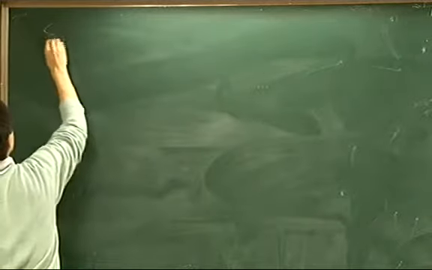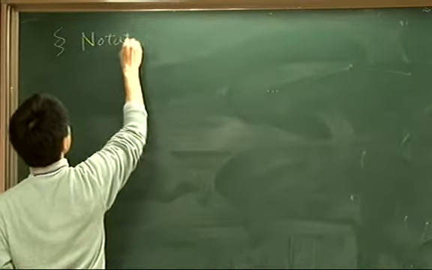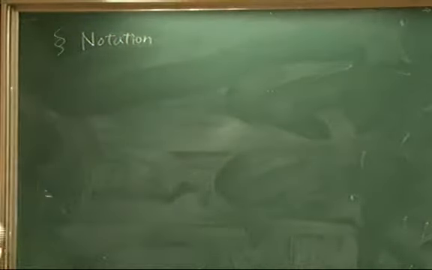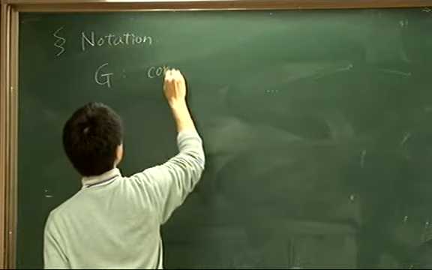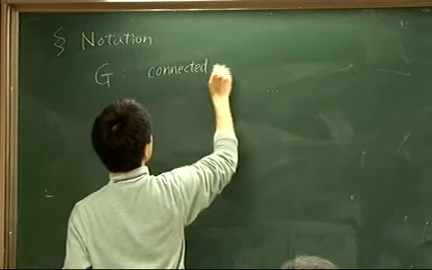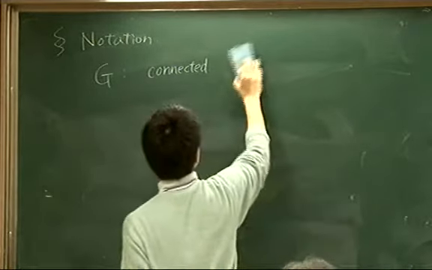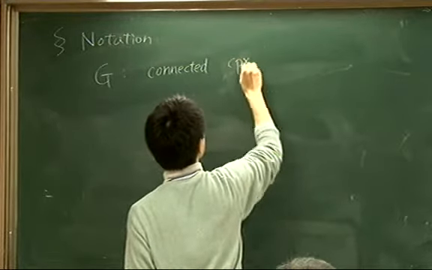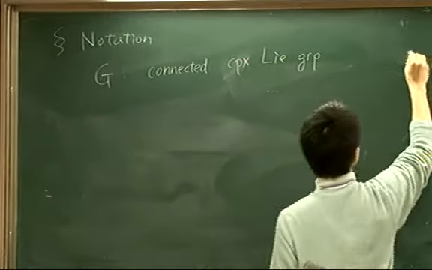From now on I use sections. We will need a lot of notation, so please be patient. Let G be a connected complex reductive group.